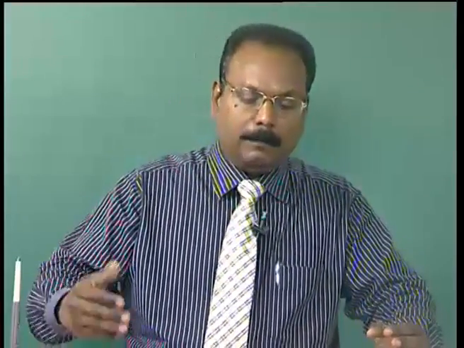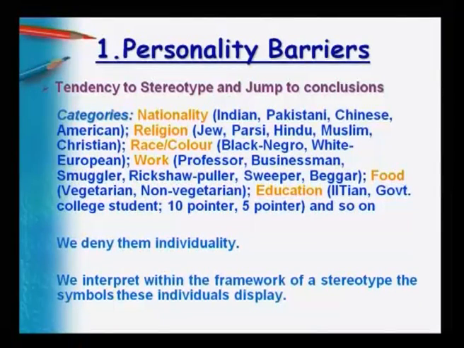Now, look at the categories. The stereotyping and jumping to conclusion can happen because of nationality. When you say Indian, Pakistani, Chinese, American, European, each nationality has certain attributes. Depending on the political affinity, you see a certain country and the countrymen as your friends or as your enemies.